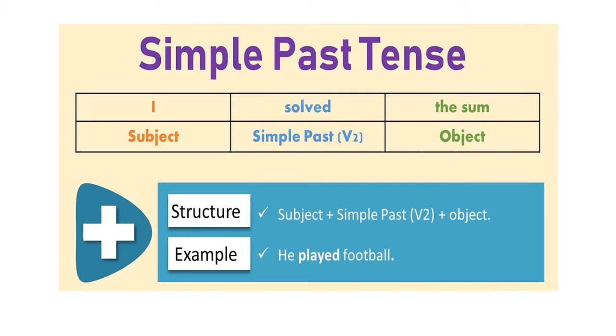Y luego un complemento o el objeto. So, for example, I solved the sum. Yo resolví la suma, okay? That is the structure to make affirmative sentences. Subject, verb 2, and complement. For example, he played football.